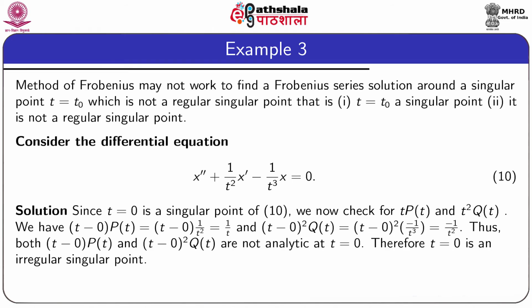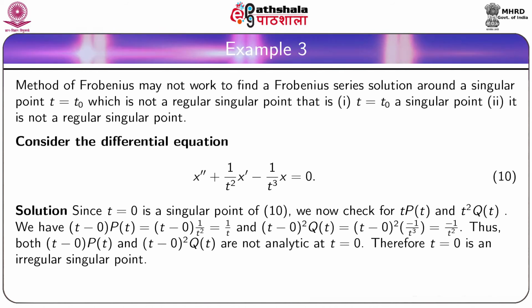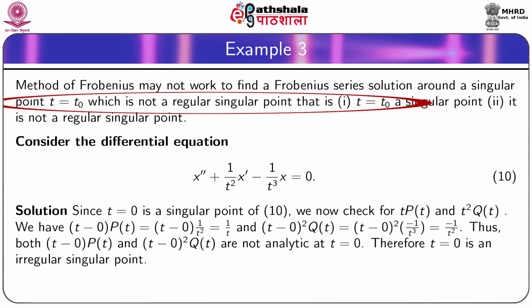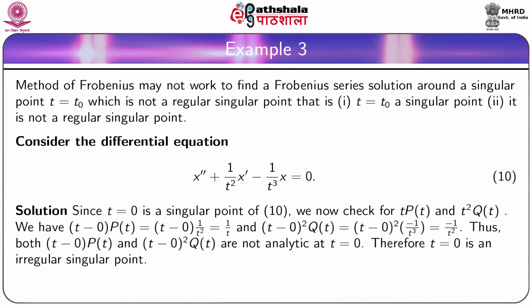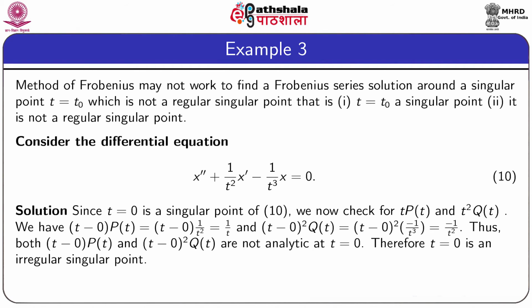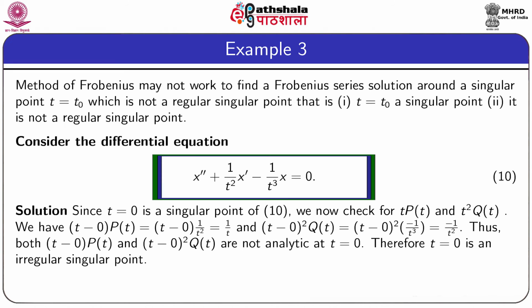The method of Frobenius may not work to find a Frobenius series solution around a singular point t equal to t0, which is not a regular singular point, that is, t equal to t0 is a singular point and it is an irregular singular point. We consider the differential equation x double dash plus 1 by t squared x dash minus 1 by t cubed x is equal to 0.